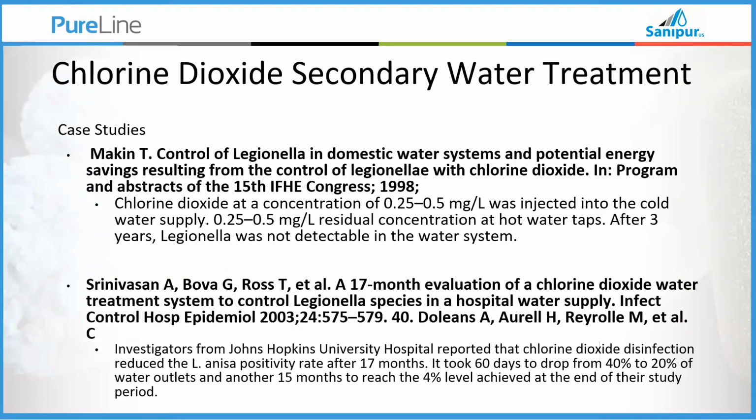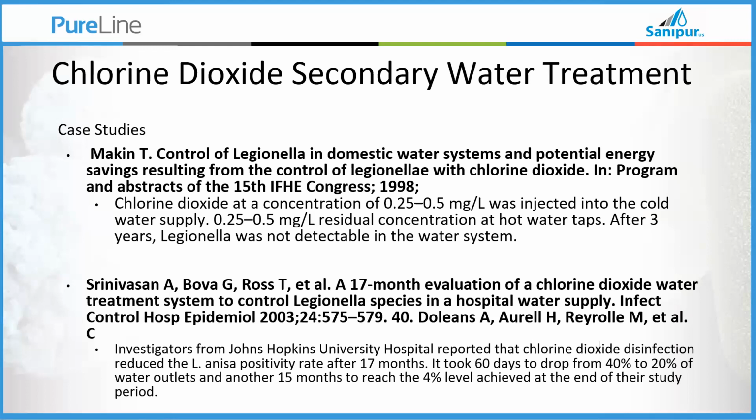A couple case studies that identify the levels and the effectiveness of chlorine dioxide, especially in hospital systems. A couple are listed here where 0.25 to 0.5 milligrams per liter, which is parts per million, was injected into cold water supplies and hot water taps, hot water loops, and in both these cases, Legionella was prevalent.